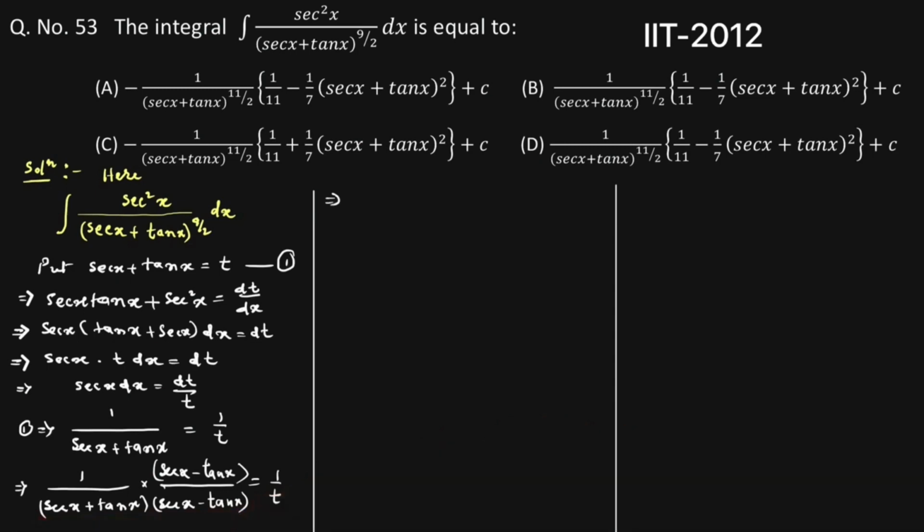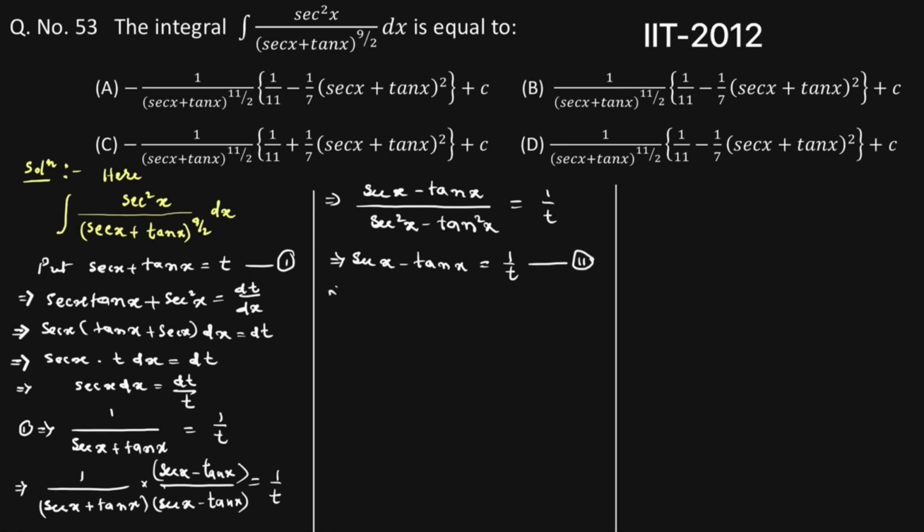So we will get sec x minus tan x divided by sec square x minus tan square x, which is equal to 1 by t. We know that sec square x minus tan square x is equal to 1. Then we are able to write sec x minus tan x, which is equal to 1 by t. We take this to be equation number 2.